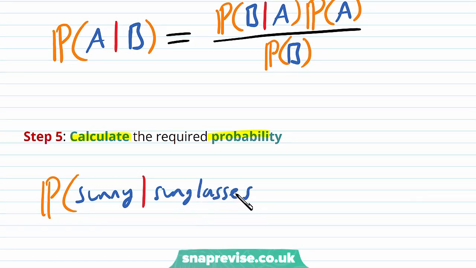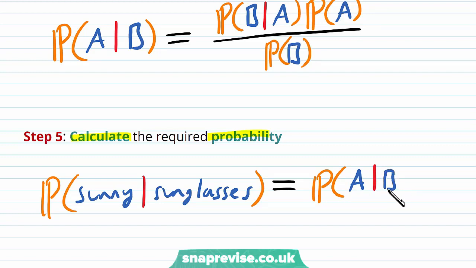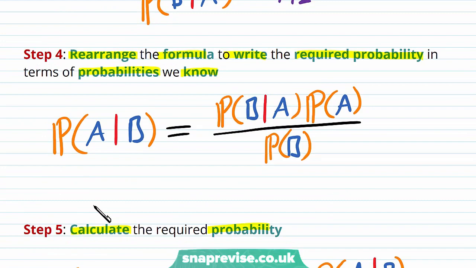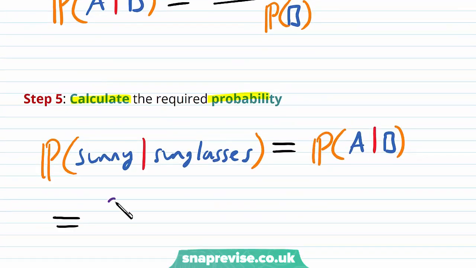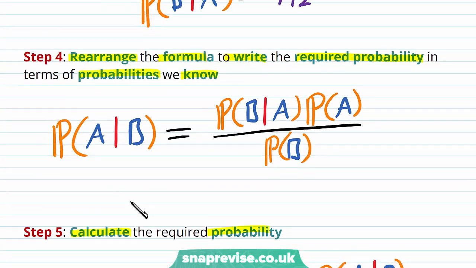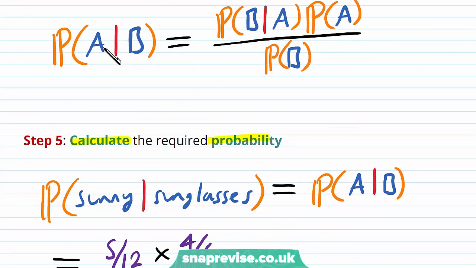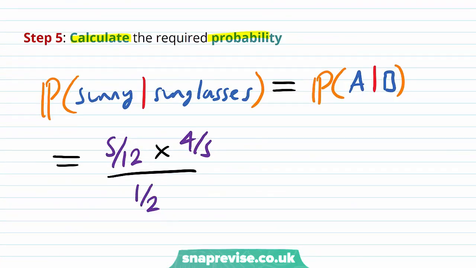By our definition of the events A and B, this is equal to the probability of A given B, and by using our above formula and the values that we found, this is equal to the probability of B given A, which is 5/12, multiplied by the probability of A, which is 4/5, divided by the probability of B, which is 1/2. And therefore, this ends up as being 2/3, and that is our final answer.